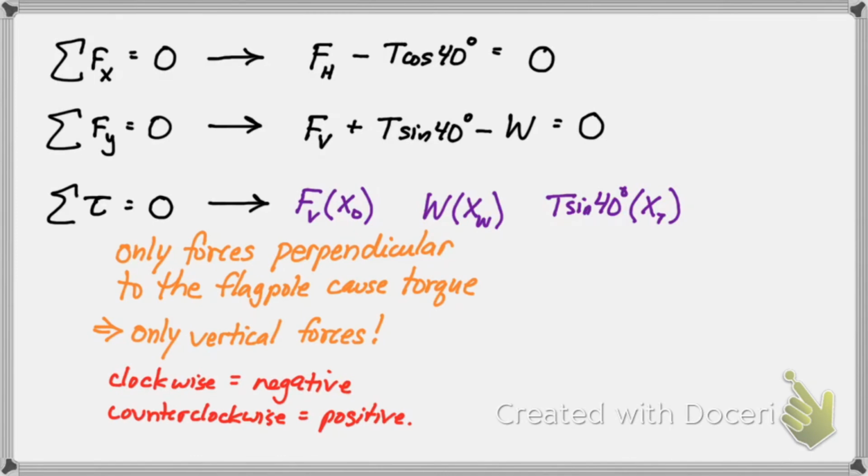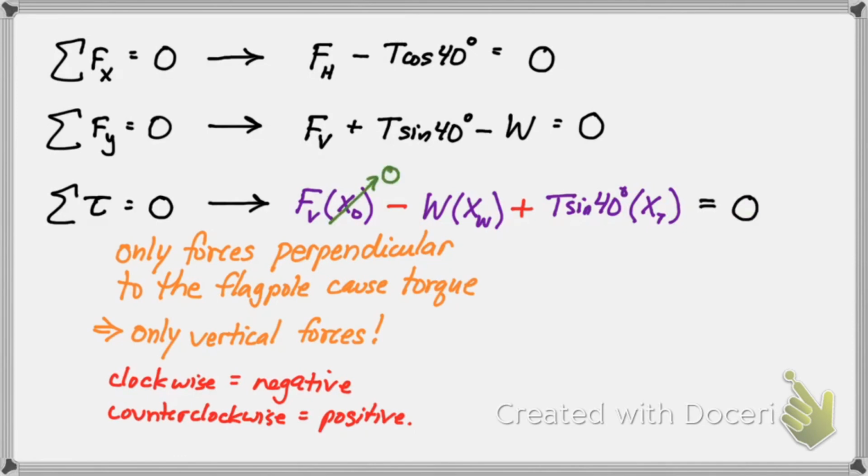But the weight, if you think about the weight pulling that flagpole down, that's clockwise. And the tension is pulling it up, that's counterclockwise. So the weight needs to be subtracted, the tension needs to be added. And this all equals 0.